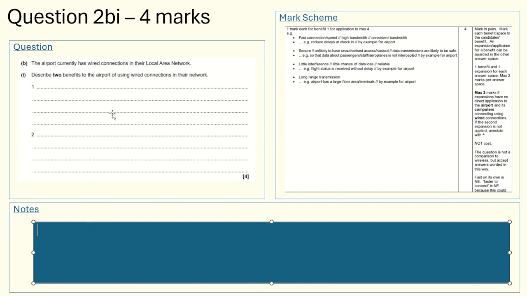Let's go over the first example. The one that most students say first of all is speed. So we could say that wired connections have a faster speed. Okay, that is 1 mark, because that is a benefit of wired connections. We could even say than wireless connections.